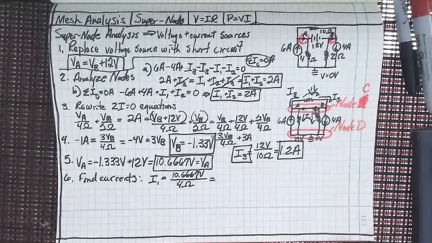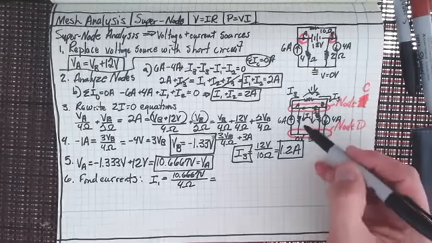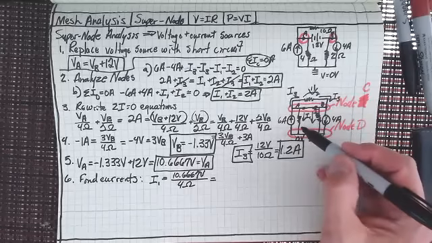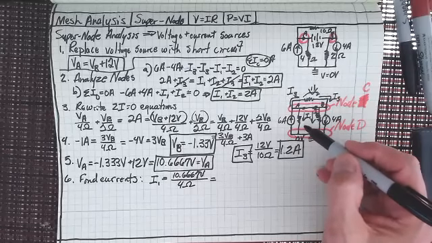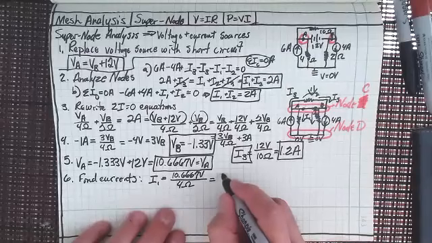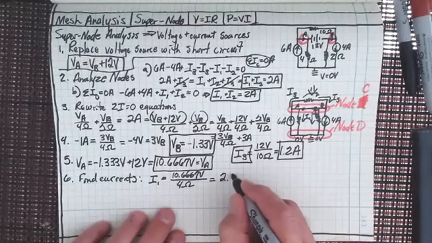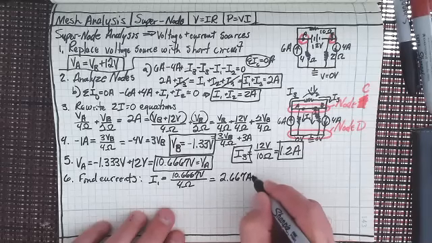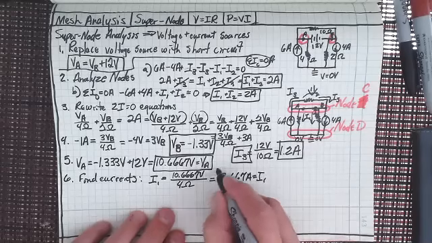And I actually have that someplace. Oh, wait, did I call this I1? Yeah, that's 4 ohms. And I1, yeah, 10.67 divided by 4 gives me 2.667 amps equals I1.